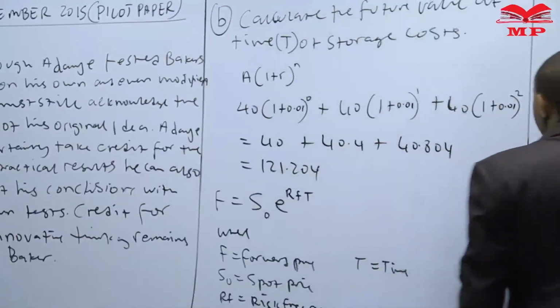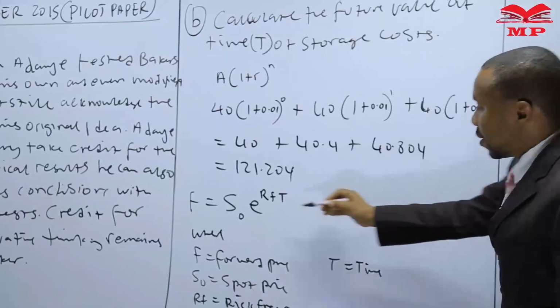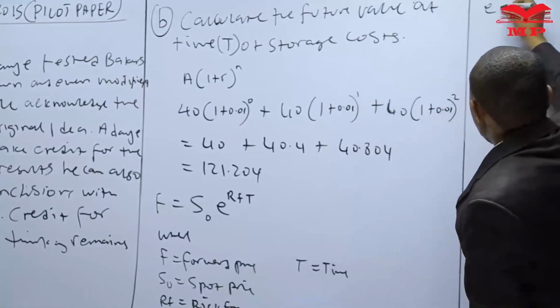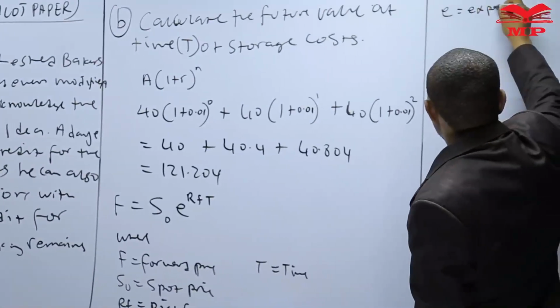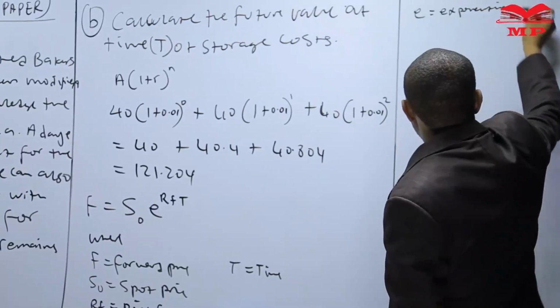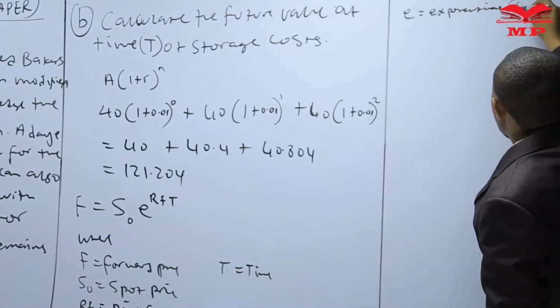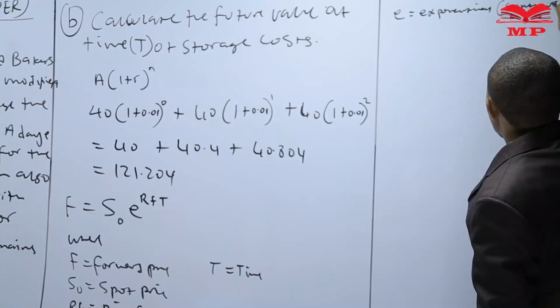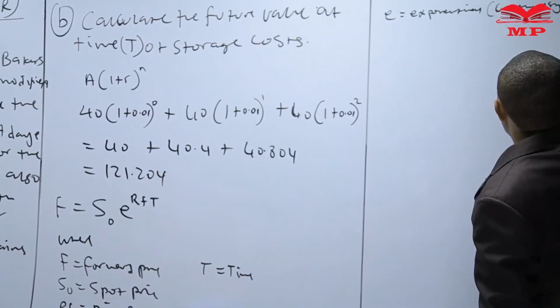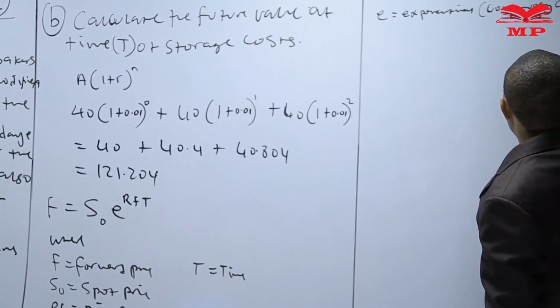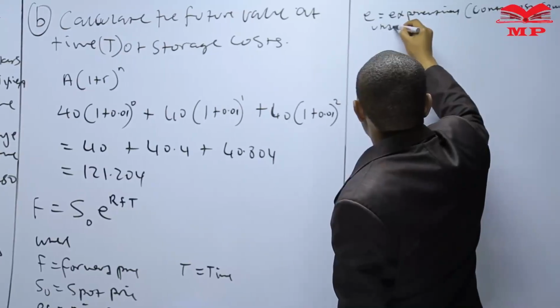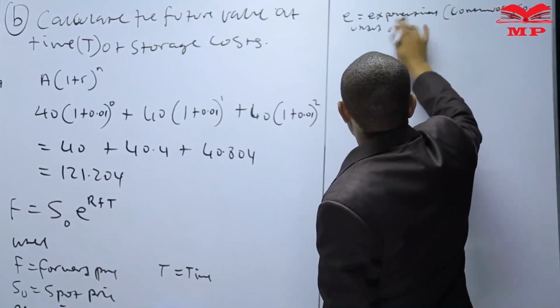E is the exponential and refers to the continuously compounded factor.